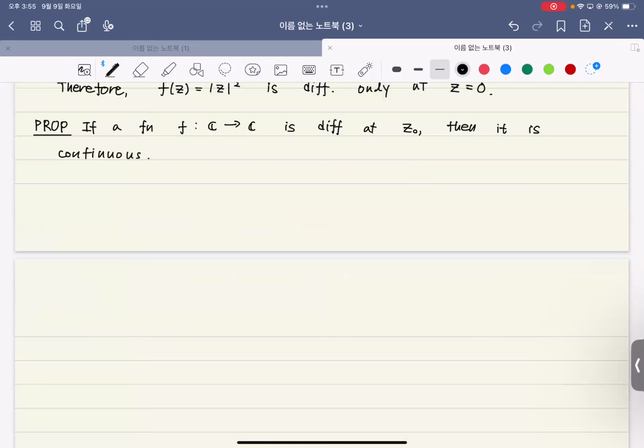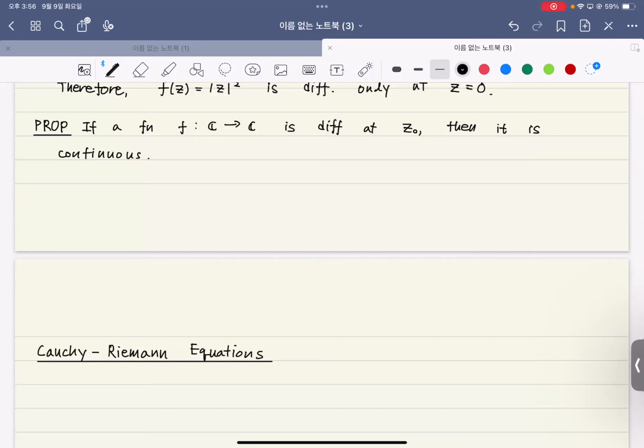Now I'm about to introduce to you one of the most important criteria of complex differentiability, which is called the Cauchy-Riemann equation. Okay, now we know that real differentiable and complex differentiable are somehow different.